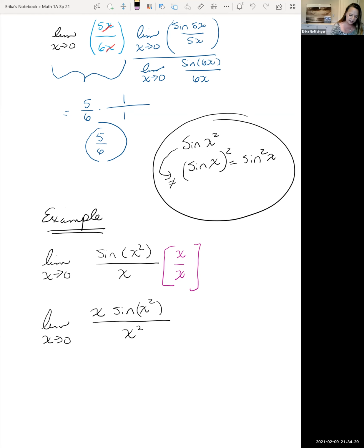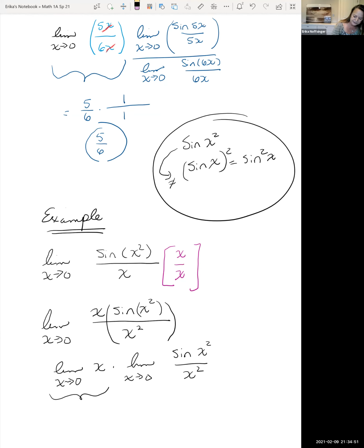Think of it as breaking it down as the limit of those products: the limit as x approaches 0 of x times the limit as x approaches 0 of sine of x squared over x squared. This is 0 times a limit which is 1, and 0 times 1 is 0.